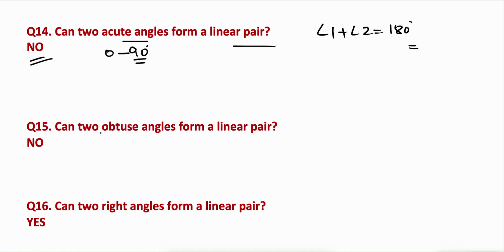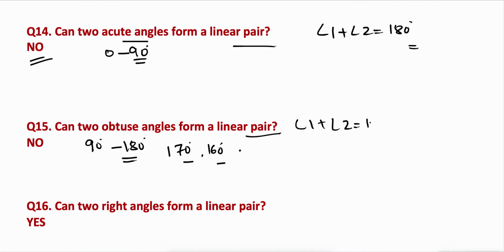Can two obtuse angles form a linear pair? The obtuse angle is between 90 and 180 degrees, so it can be around 170 degrees or 160 degrees. For a linear pair their sum should be equal to 180 degrees. So if the angles are both obtuse, their sum cannot be equal to 180 degrees. So two obtuse angles cannot form a linear pair.